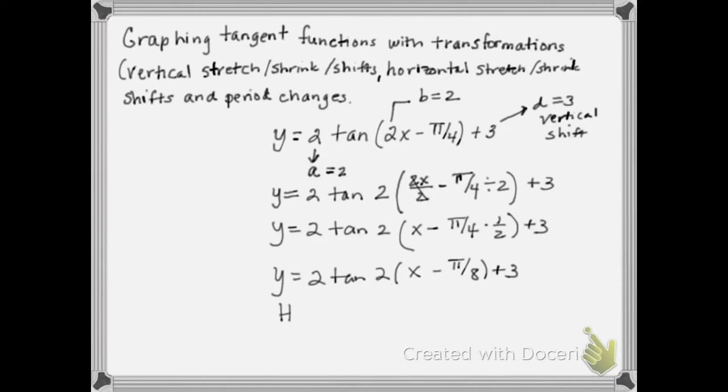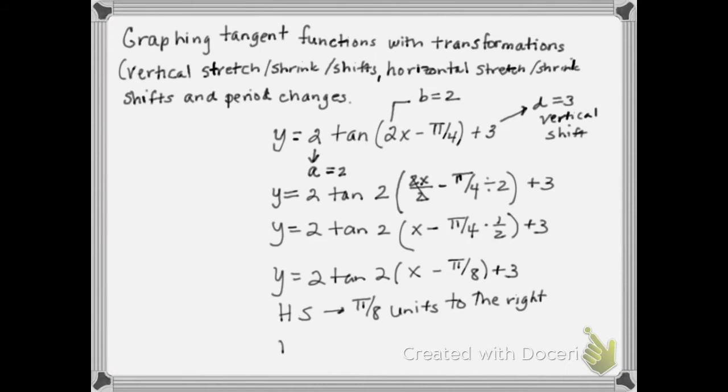So my horizontal shift is pi over 8 units, and we're going to move the graph to the right. Remember, it's the opposite of the negative, which is moving to the right. All right, so that's how I got that. And then I need my period.